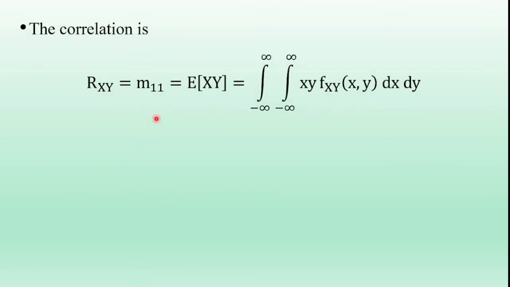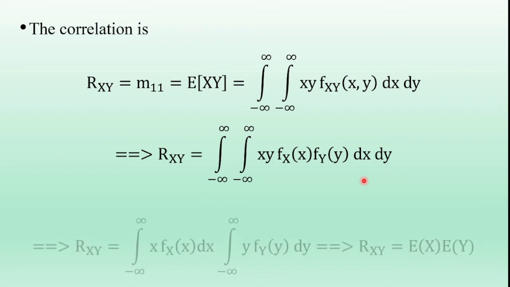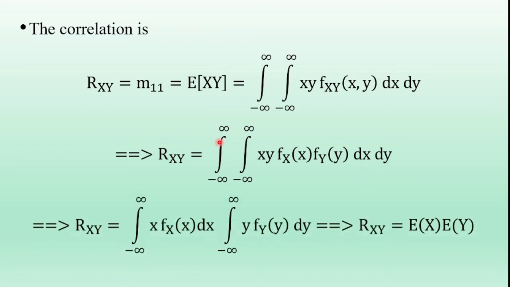This is the definition of the correlation between two random variables. In this definition, applying the statistically independent condition, that is fXY of x comma y is equal to fX of x into fY of y, the RHS term can be arranged conveniently. On the RHS, all are product terms, so these terms can be rearranged as the integral from minus infinity to infinity of x into fX of x dx, times the integral from minus infinity to infinity of y into fY of y dy.